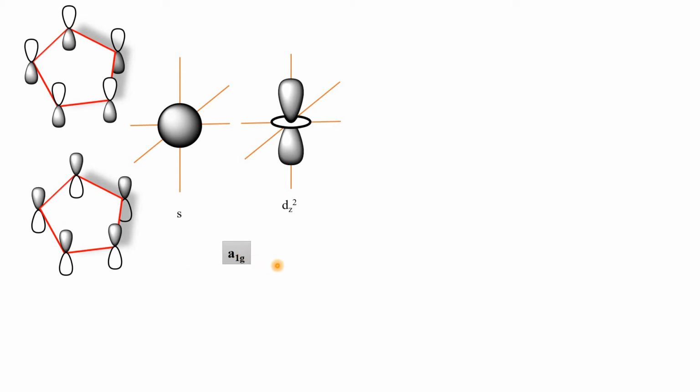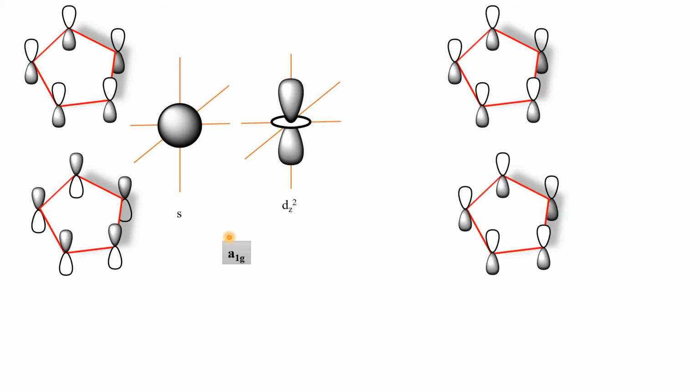Similarly, A2U can be formed when we take one orbital the same as this and invert the other one. Then there is shaded area in this region and non-shaded area there. So below this ring there is shaded area and above this ring there is non-shaded area.